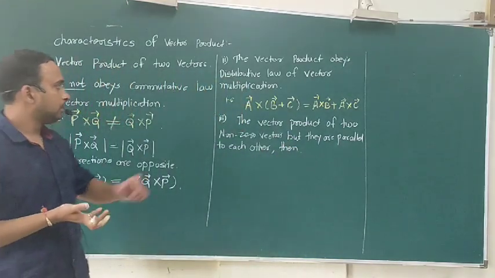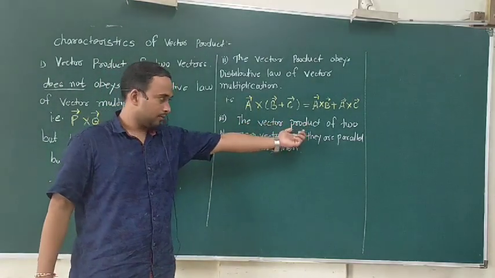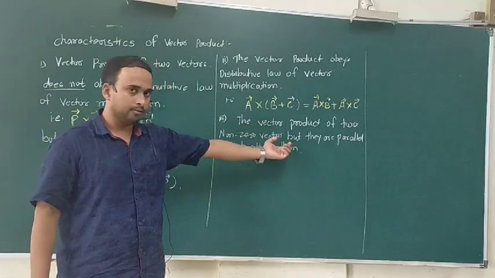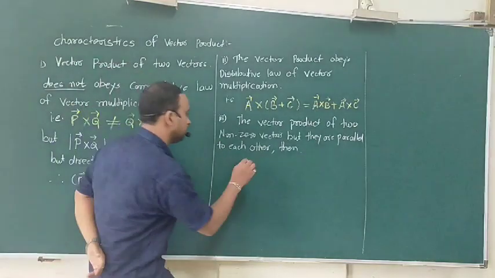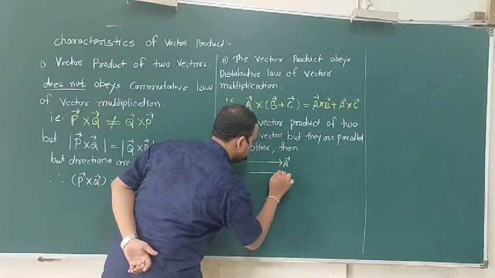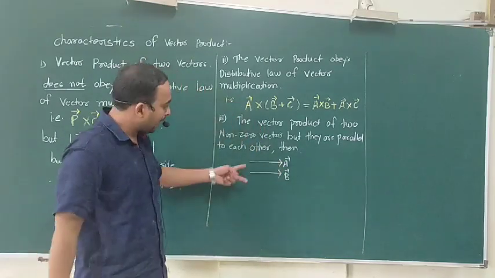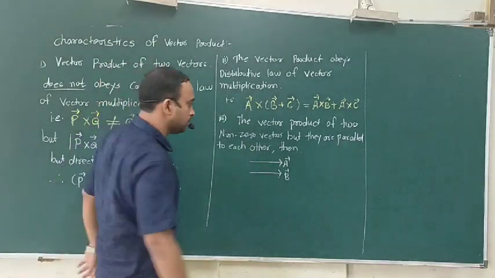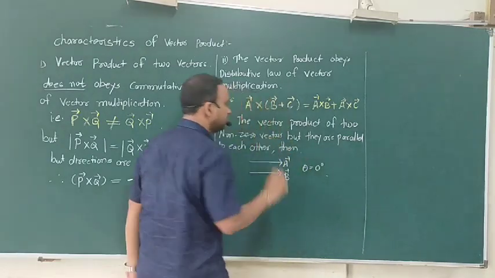Now see here, the condition is that the vector product of two non-zero vectors, but they are parallel to each other. Suppose here is the A bar and here is the B bar. Now these two vectors are parallel to each other. That means the angle theta is equal to 0 degree.